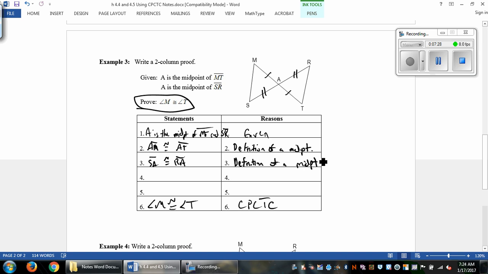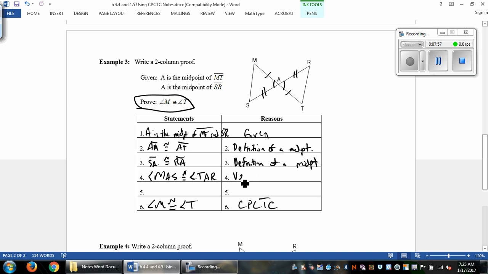And now again, to get to the triangles that we need, I've got two sides. So I need another side, which I don't have, or an angle. And the only angle that I can get is this center angle. So that would be angle MAS congruent to angle. So notice MA is along the one dash, so I'm going to have to use TA, TAR.